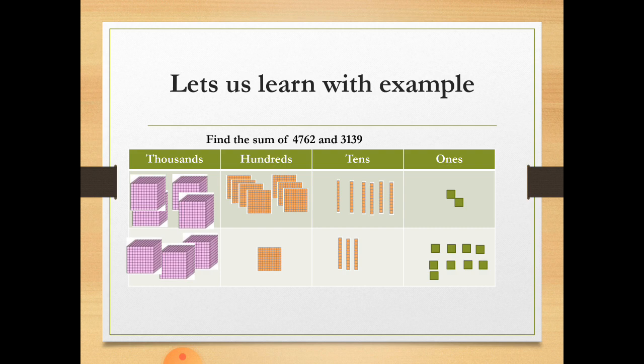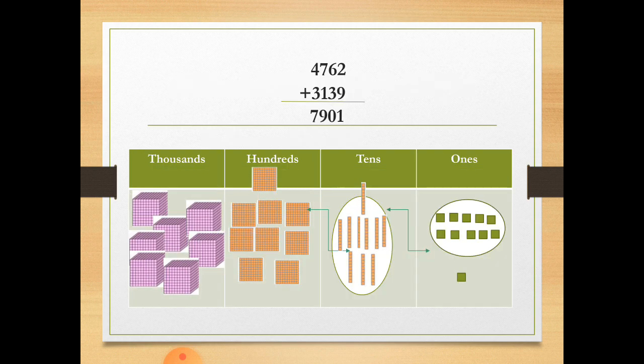Represent the numbers in the base ten block system: 4,000 for the first number, 3,000 for the second number, 700 for the first number, 100 for the second number, 6 tens for the first number, 3 tens for the second number, 2 ones for the first number and 9 ones for the second number.